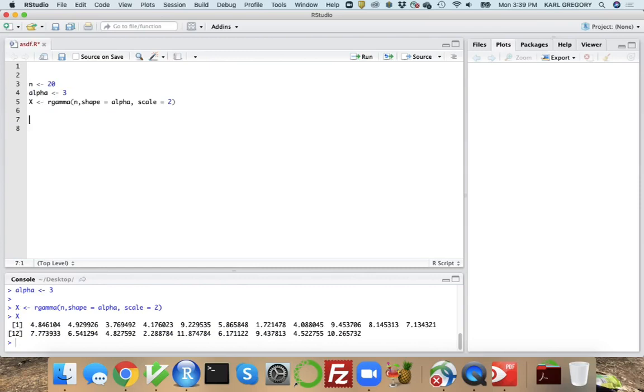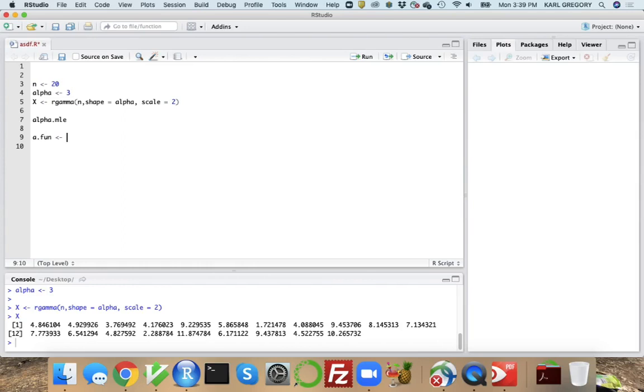Now we want to compute the maximum likelihood estimator of alpha. We realized on paper that we had no nice way of writing down the maximum likelihood estimator of alpha. So what we had to do was find the value of alpha for which some function was equal to 0, and that function was one that we're going to define.